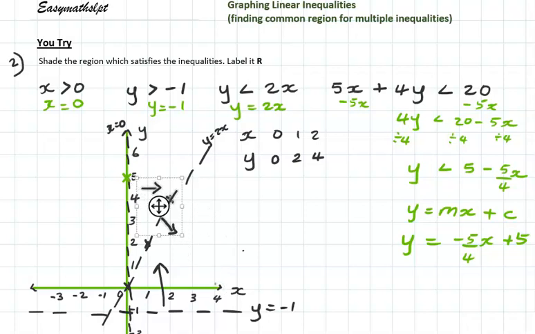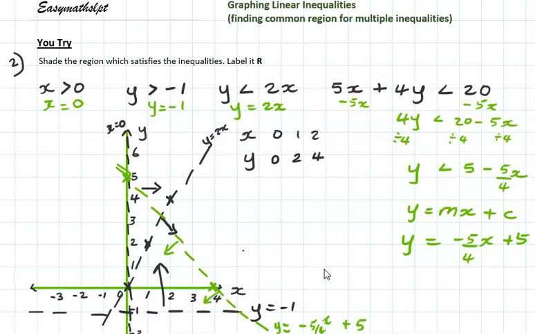So this is my next point. We don't need more than 2 points to plot a straight line, so that is good enough, and it's going to be a broken line also. We label this as y is equal to negative 5 over 4x plus 5. Because it says less than, we are going below the line.